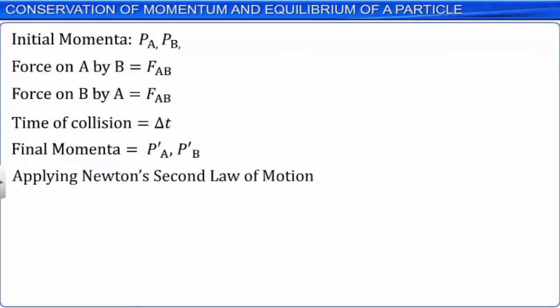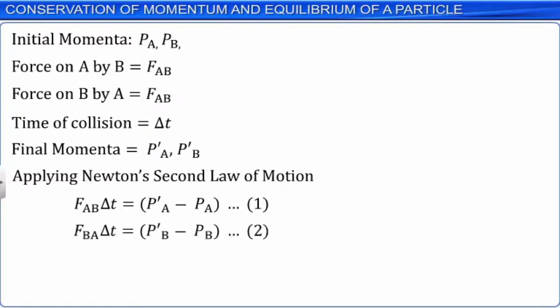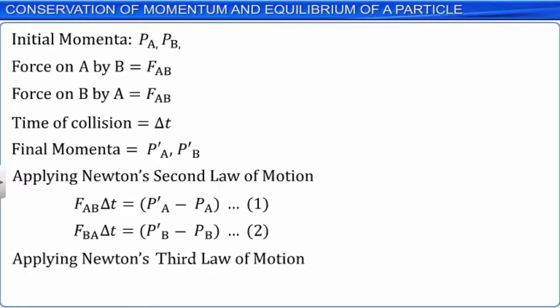Applying Newton's second law of motion to the two bodies, we get FAB delta T is equal to P-A minus PA, and FBA delta T is equal to P-B minus PB. Applying Newton's third law of motion, we get FBA is equal to minus FAB.